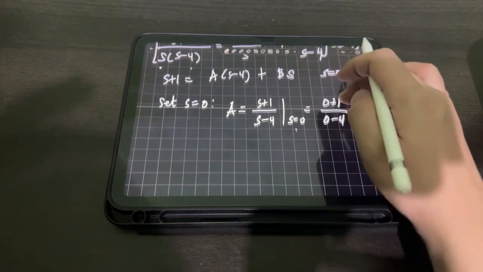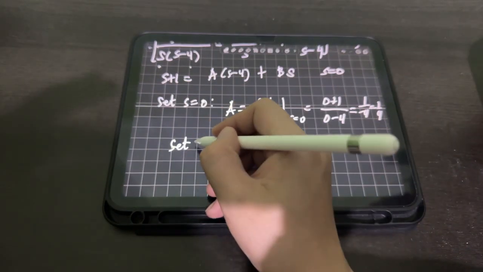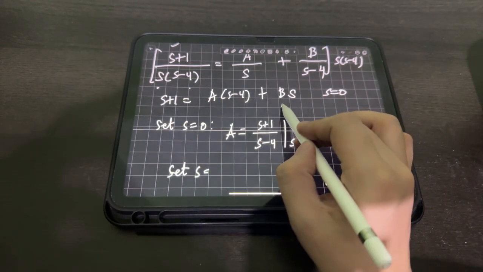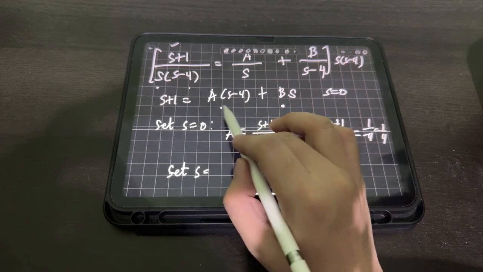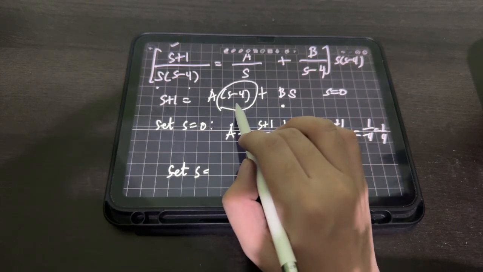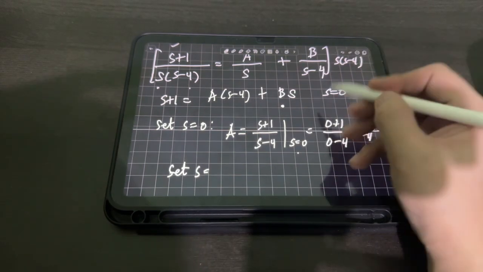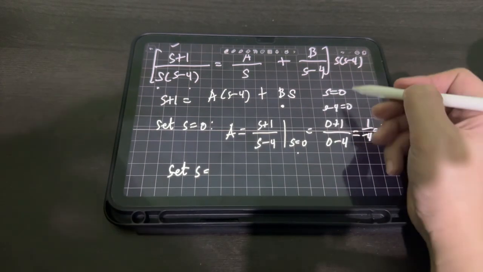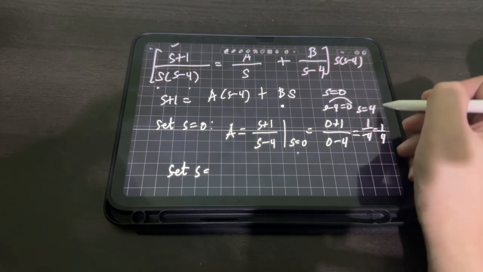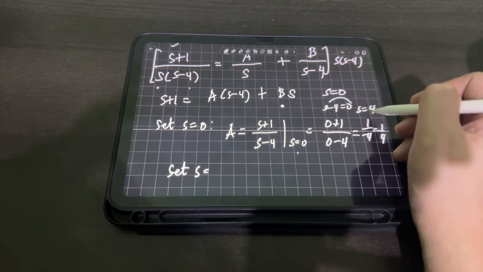And then to solve for B, if we're trying to solve for B now, equate the factor of the other unknown, capital A, which is S minus 4, to 0, then solve for S. So S minus 4 is equal to 0, therefore S is equal to, transposing negative 4 to the right, it becomes positive 4.